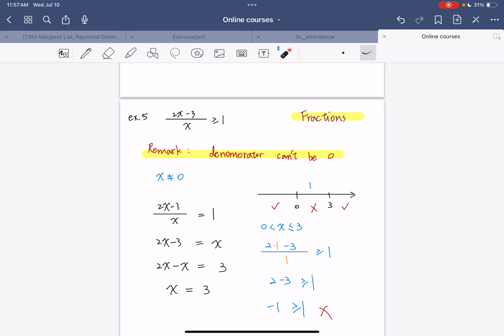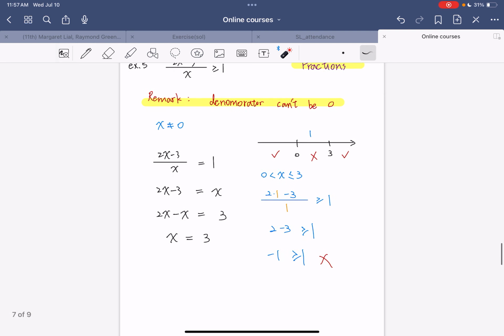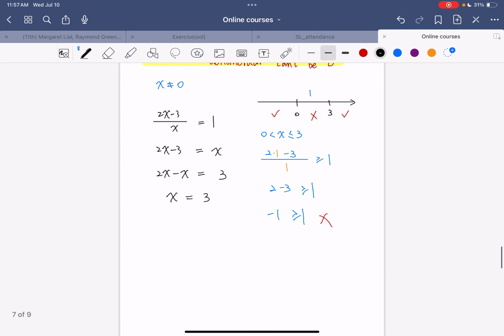Okay? And for this part, we got an equal sign, and there is nothing that tells us that we cannot include 3. So we will get 3 included and greater than it. So we're going to write the answer here. We got 2 parts.